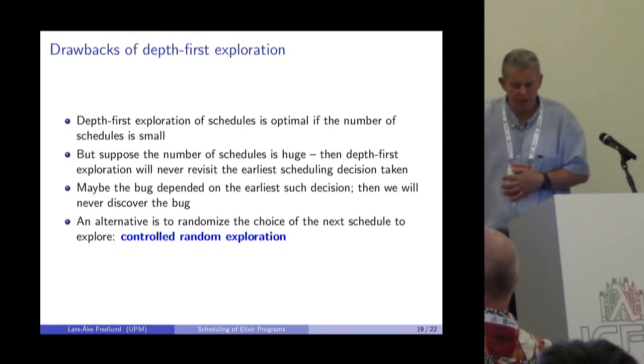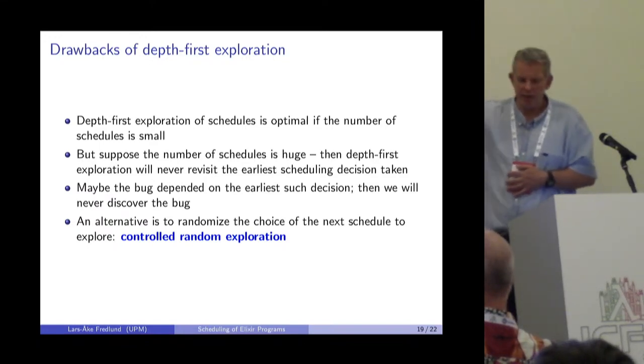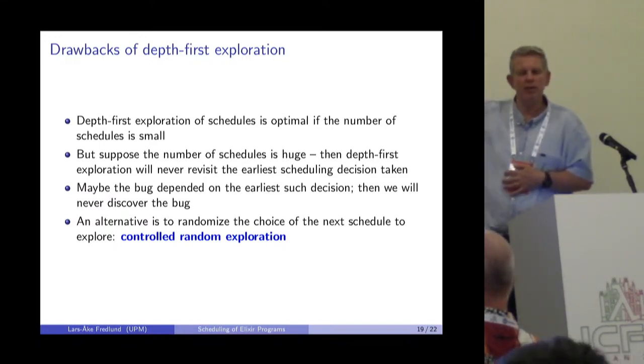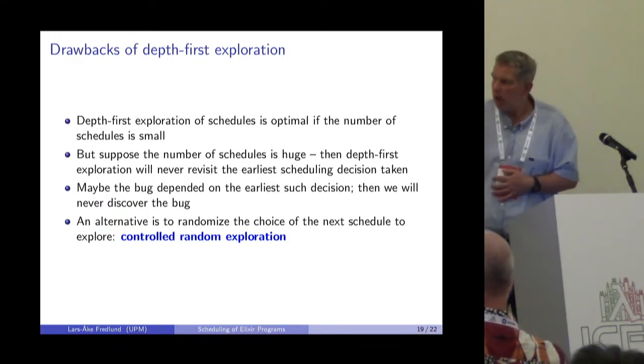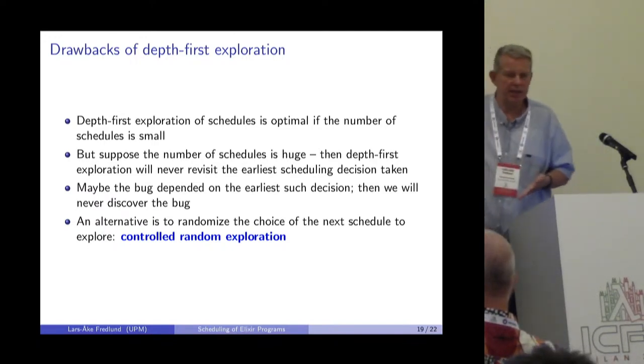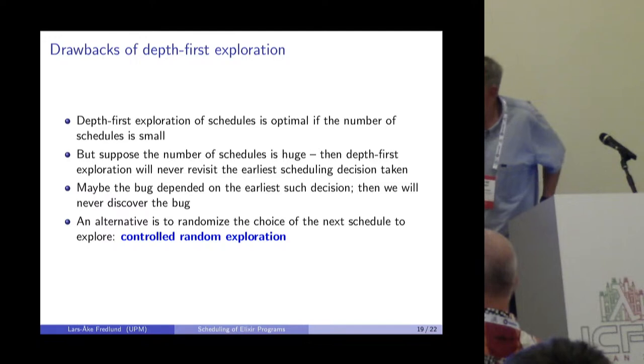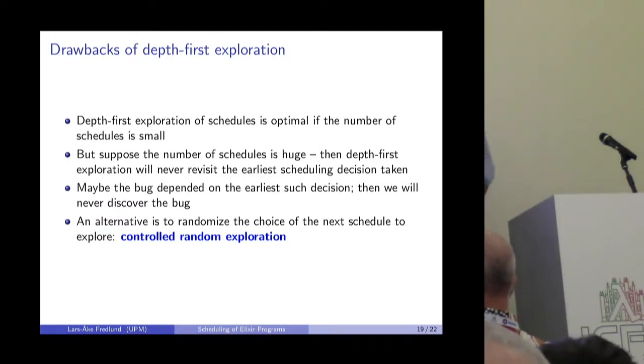The first thing we do is going left instead of going right, and then it fails. And if we're unlucky, we just always try going right, so we never find the bug. And if the number of schedules is huge, we are never going to explore this initial decision again. Oof, that's bad.